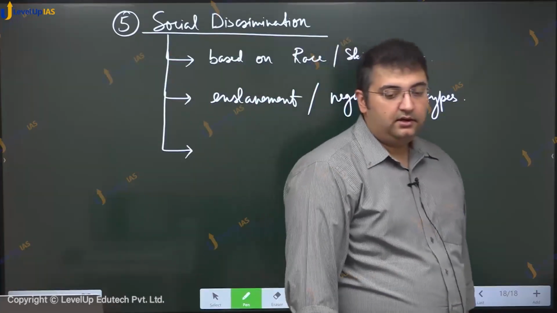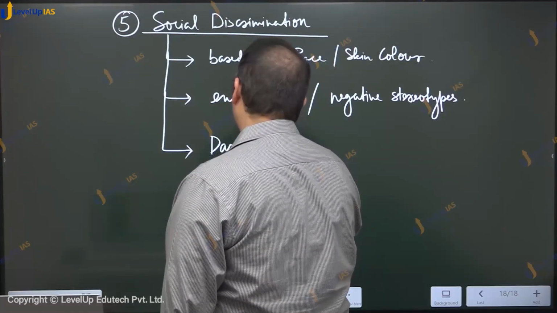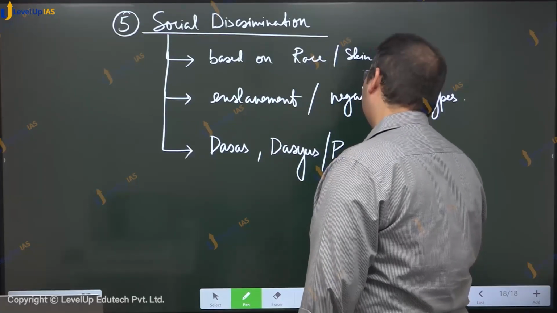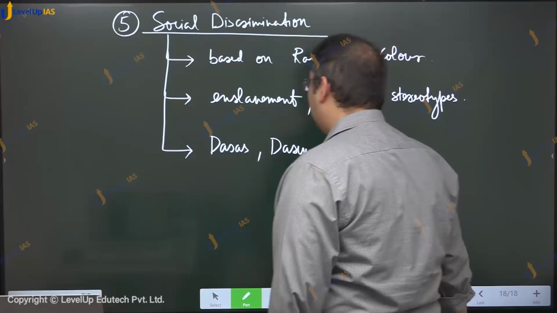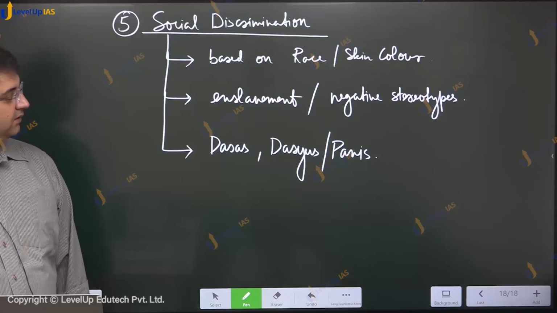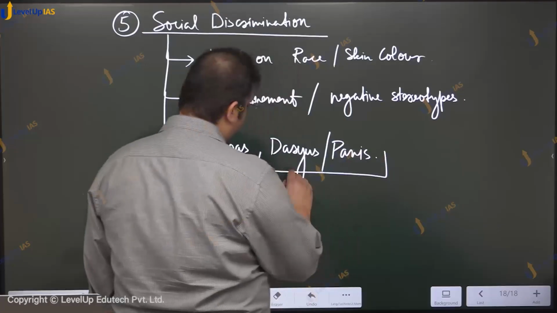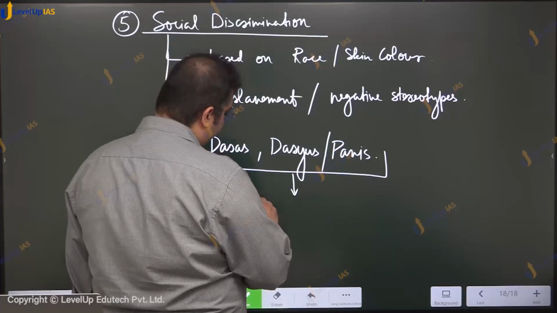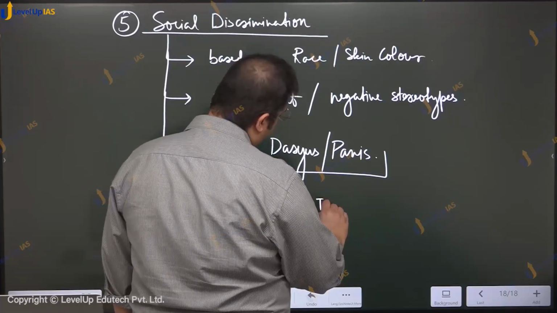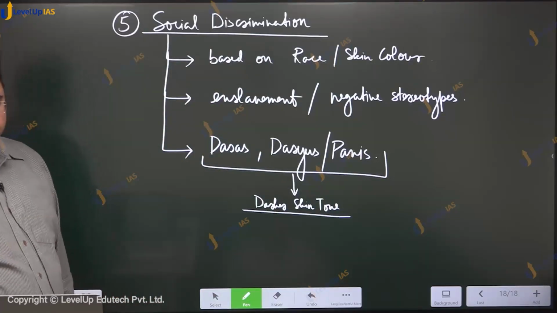The discriminated groups included Dasas, Dasyus or Panis, right? While the Aryans were fair-skinned, Dasas, Dasyus, and Panis were relatively having darker skin. ठीक है?